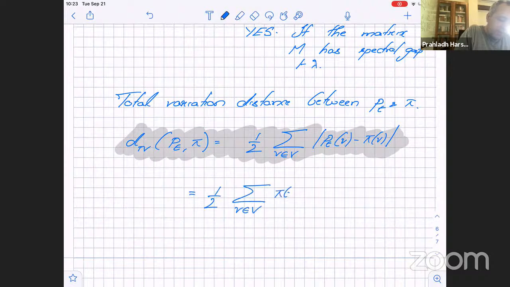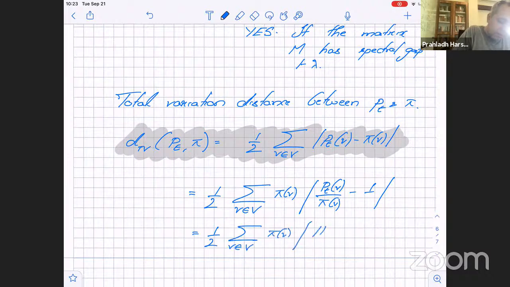This is the summation over v in V of pi(v) times the absolute value of Pt(v) divided by pi(v), minus 1.